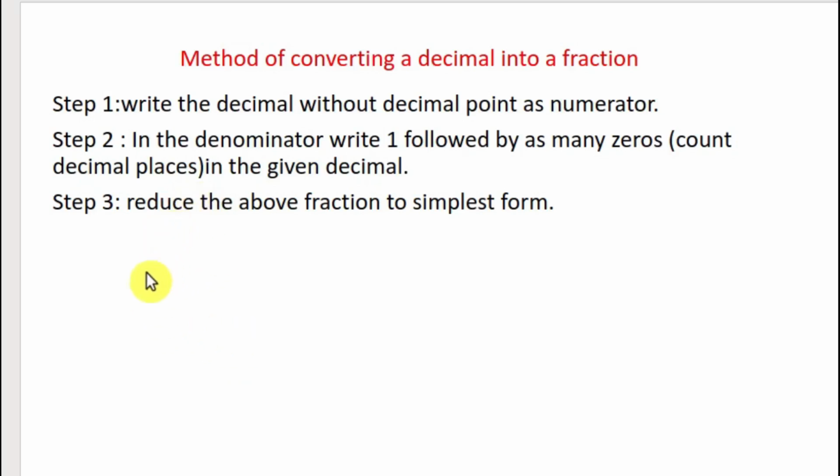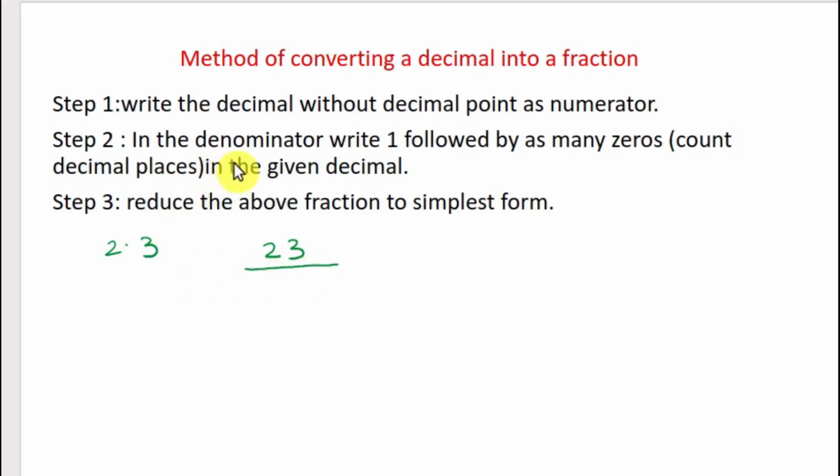Method of converting a decimal into a fraction. There are three steps. First, for example, 2.3. Write the decimal without the decimal point as the numerator. So 2.3, I have written without the decimal point, 23 in the numerator.